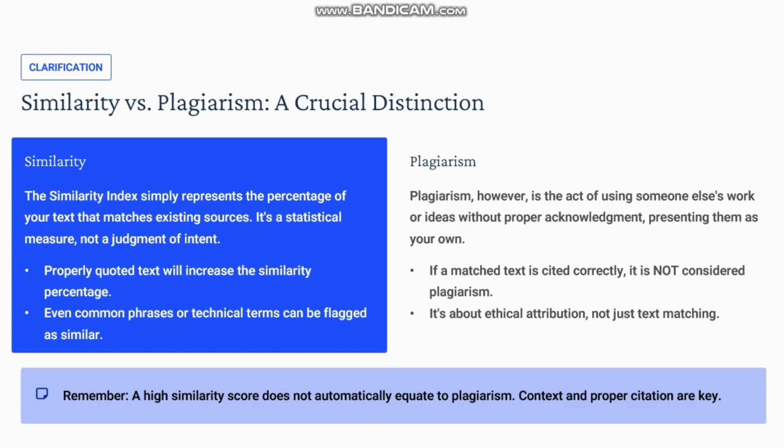Plagiarism, on the other hand, is the act of using someone else's work or idea without properly acknowledging them. So basically, it does not arise as a result of matched text, but it is you taking somebody's work and claiming ownership of the work.